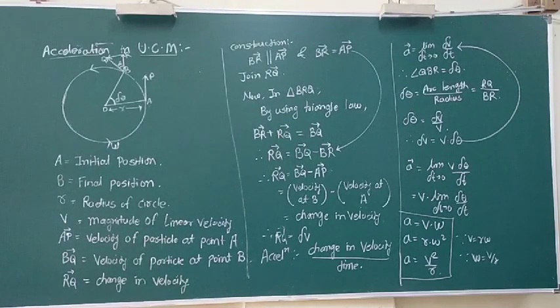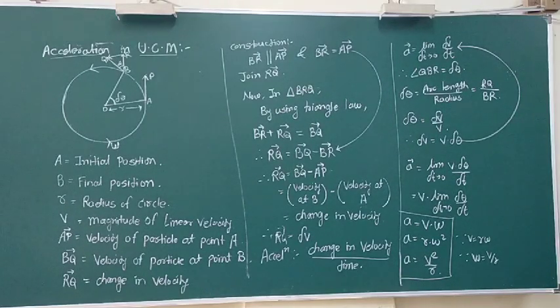Now V is the magnitude of linear velocity. This is constant, so it can be taken outside the limit. So we get V into limit delta t tends to 0 delta theta upon delta t. We know that the rate of change of angular displacement with respect to time is angular velocity. So we get acceleration is equal to linear velocity into angular velocity.